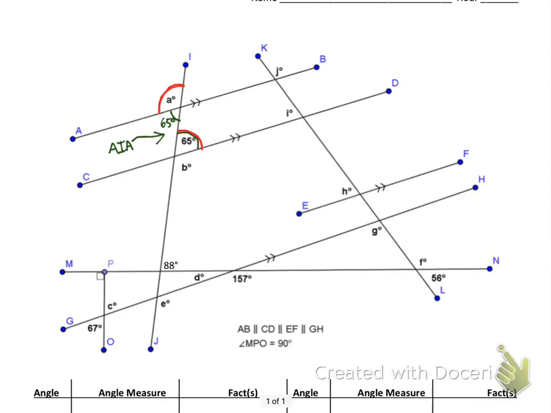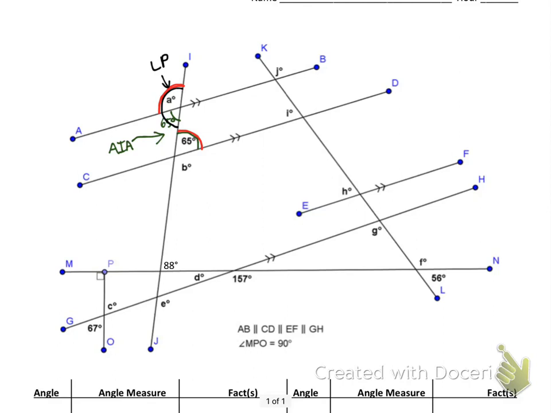All right, and linear pair is a very common angle relationship. Anytime you have adjacent angles on a line, it's a linear pair. So these two are a linear pair, and that gives me a calculation I can use.